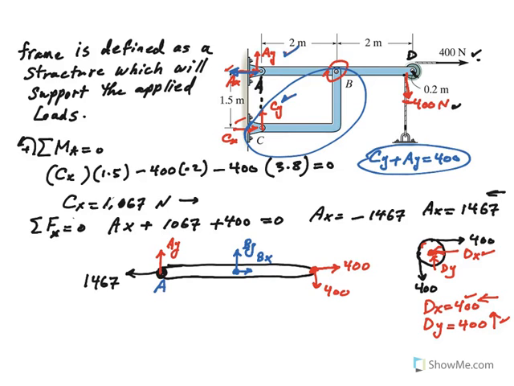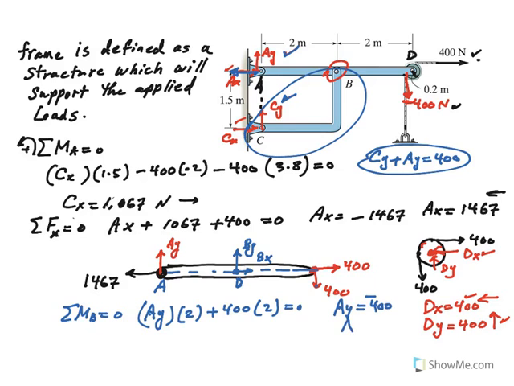So look guys, if you just take moments about B, by inspection you can see that since everything is lined up along this horizontal line, only AY and this 400 have moment. So AY times 2 and then 400 times 2. So AY has to switch direction, and it's going to be negative 400, which means AY should be 400 down.